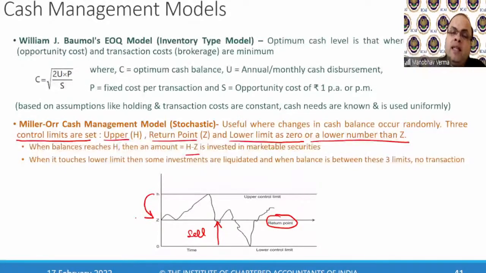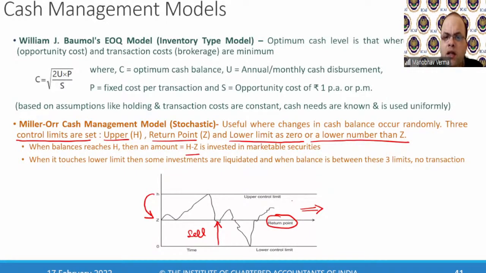So we are investing the Z. Any balance, once it touches the H level... an important aspect is, let's say my balance is somewhere here, somewhere in this range. Will I be investing any surplus, guys, as per this model? Yes or no?